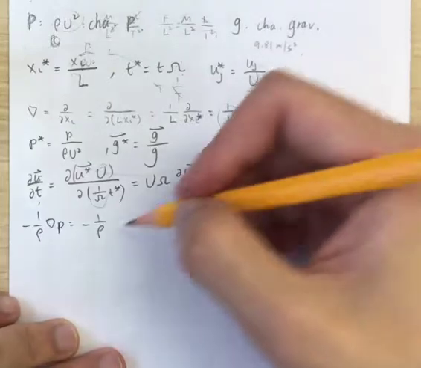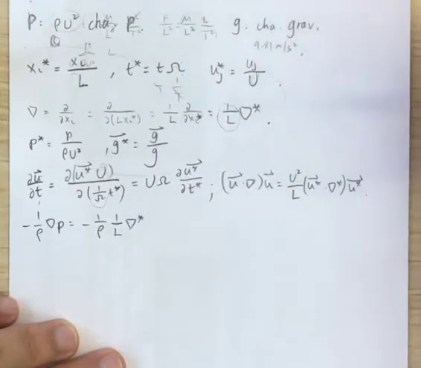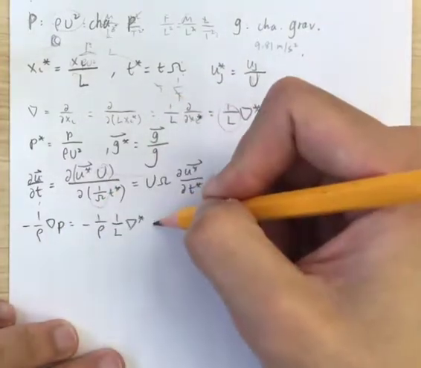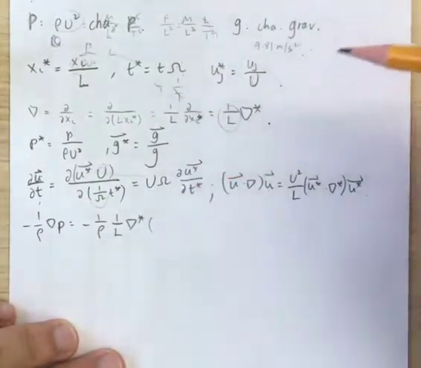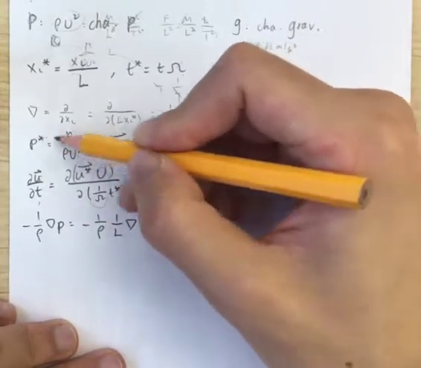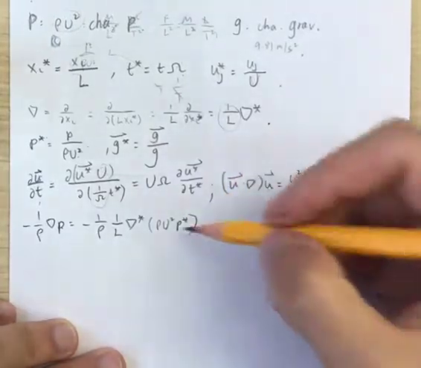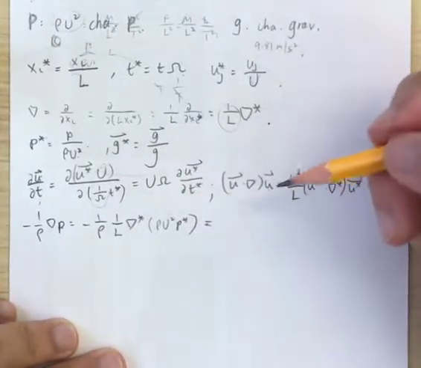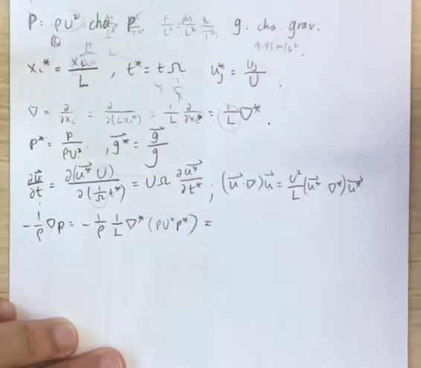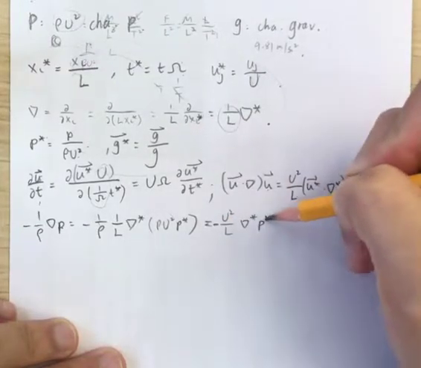About the pressure gradient, let's pull out 1 over L and make the nabla a non-dimensional nabla. And the P here: P equals P star times rho U squared, right? We can substitute this in. Pulling out the constant, the rho is cancelled and we get U squared over L times the non-dimensional pressure gradient.